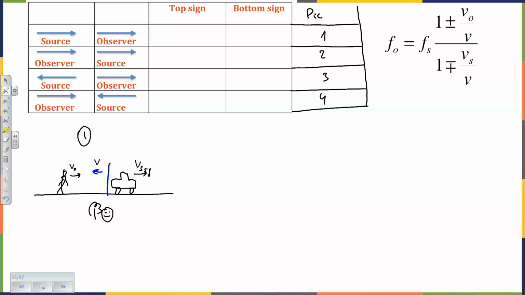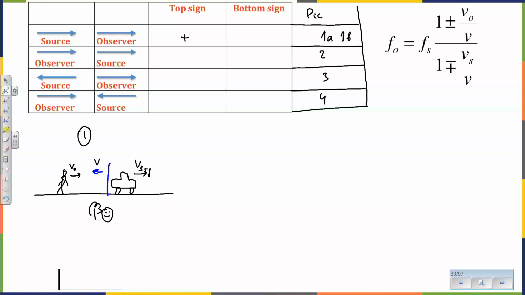To make it higher, we should choose a plus here. And let's call it 1A, 1B. Just for the practice, at least once, we will see how it would change if we switch them.